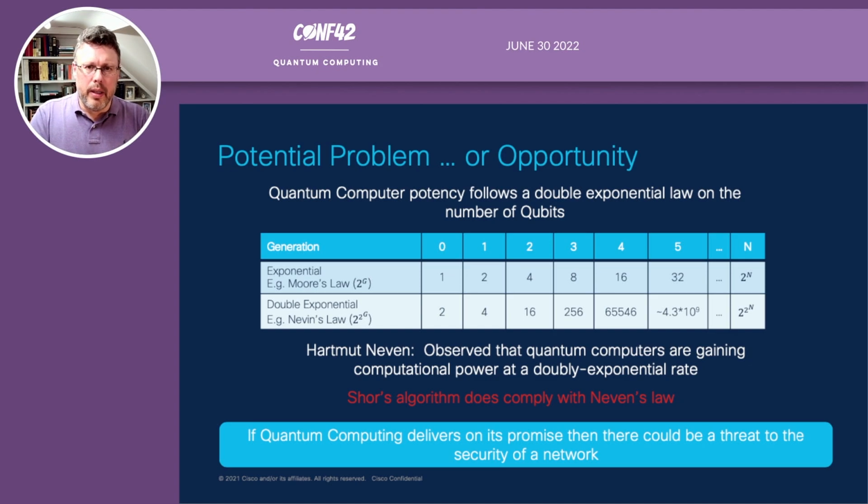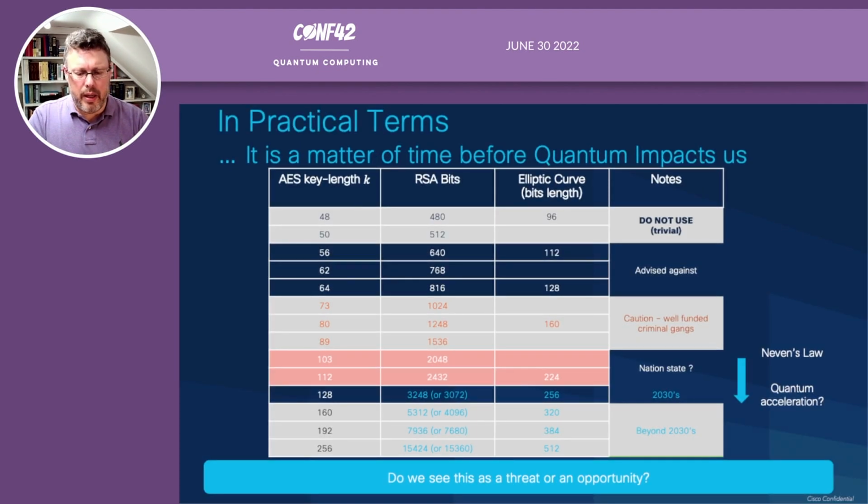So if we have a quantum computer that has a double exponential rise in its potency in the number of qubits it's able to employ against a problem, then one of those problems could be the factorization of keys in a network.